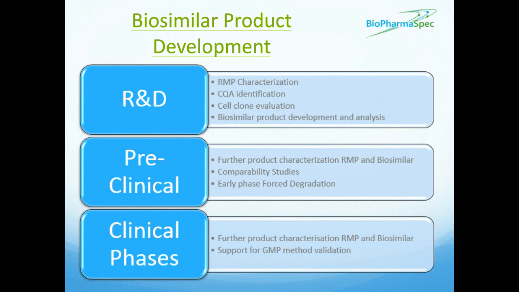Now, again, I think it's quite important to realize that characterization doesn't necessarily stop at preclinical. On occasion, you also have to do further work in the clinical phases, which may sound a bit weird, but to be honest with you, there are times when if you just have your 3 GMP batches of your biosimilar that you're trying to match to the various RMPs, that doesn't give you enough data points to actually work in a characterization sense to test whether you are comparable or not.